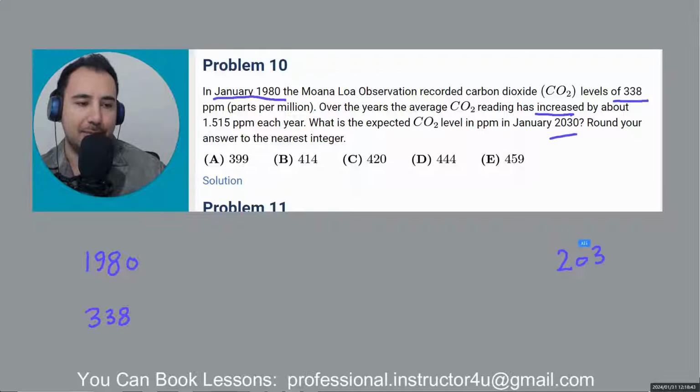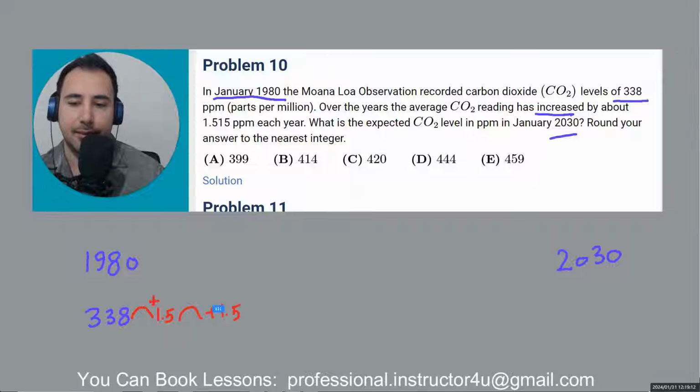So that's okay. You don't have to draw a diagram, but you have to have this visualization in your head, right? So it's going to be like this. Now, each year, it's increasing by only 1.5. So 1 year later, it's going to be 1.5 added to it, plus 1.5.